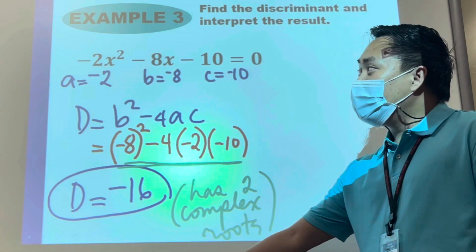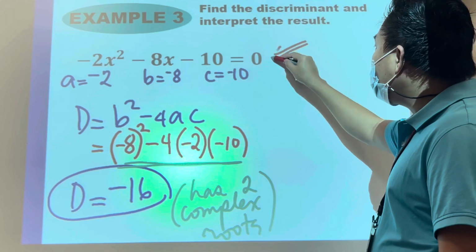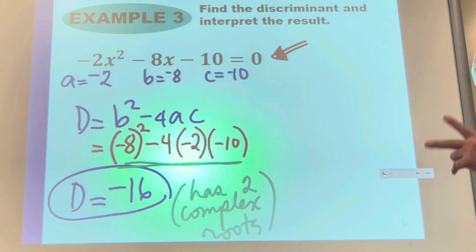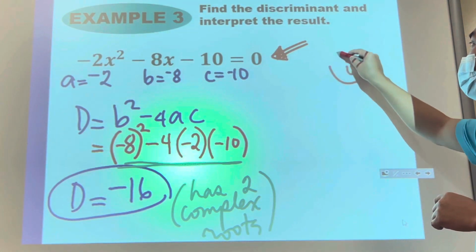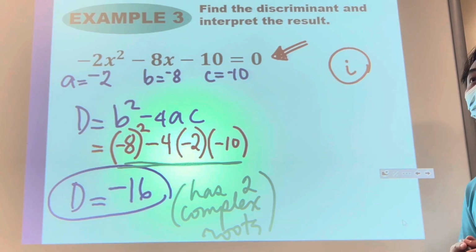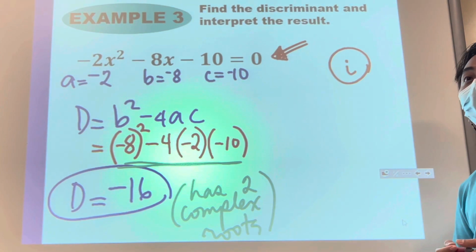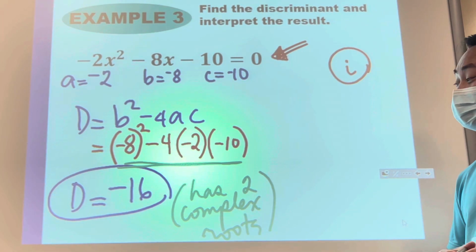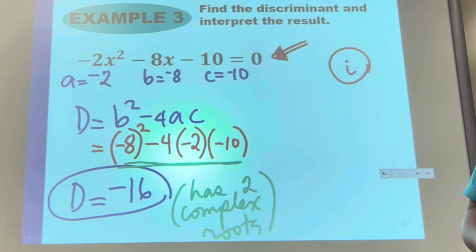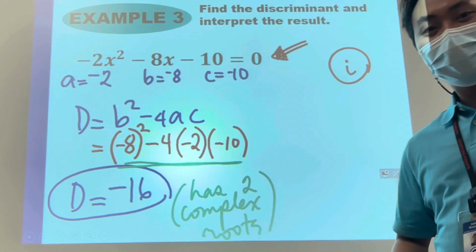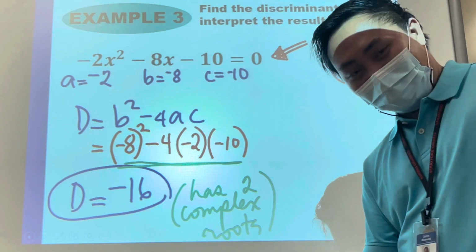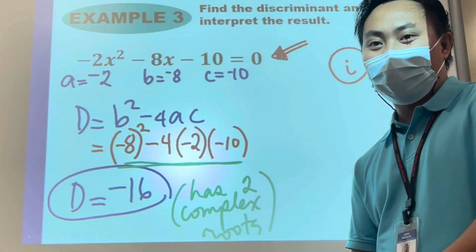Again, that means if you use the quadratic formula here, you'll come up with two answers, and the answers will contain the imaginary number i. Just like what you did yesterday, there are i's there. So that's the purpose of the discriminant, just to tell you what kind of roots your quadratic equation has. And that's it for this lesson.